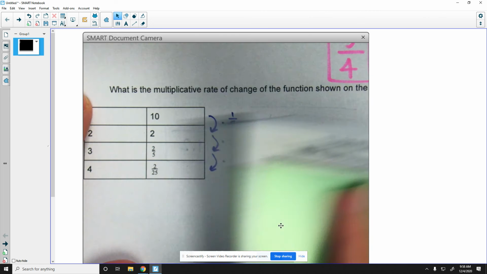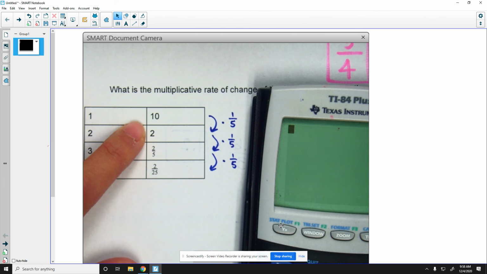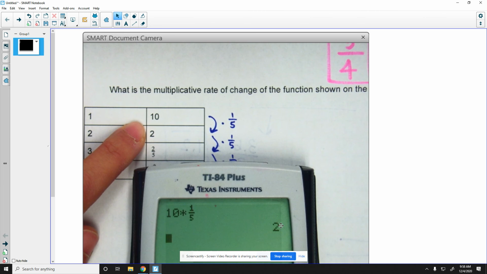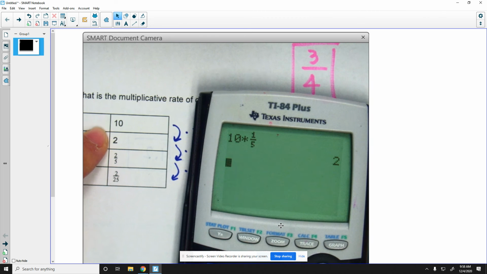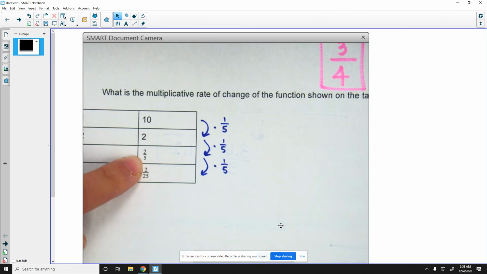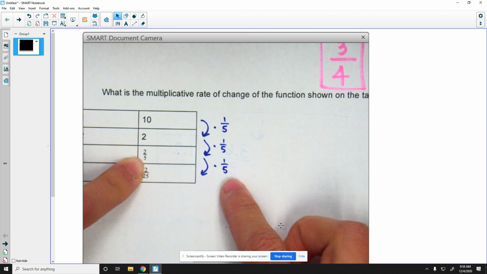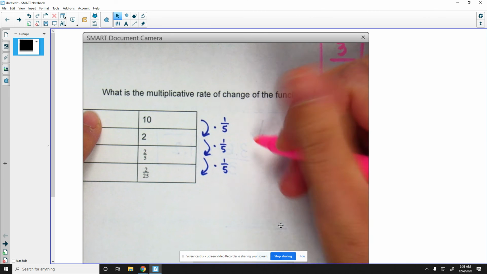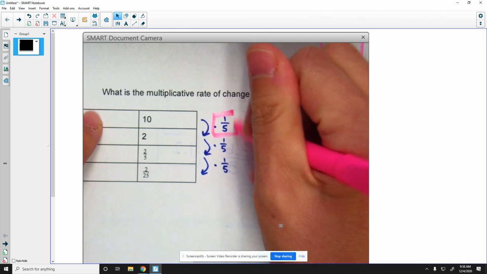And let me show you that actually is true. So 10 times 1/5, that is 2, right? And then if I times 2 by 1/5, that is 2/5. So yeah, I know it is times 1/5. So sure, my multiplicative rate of change is 1/5.